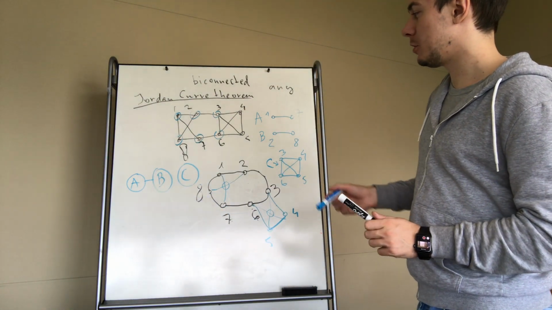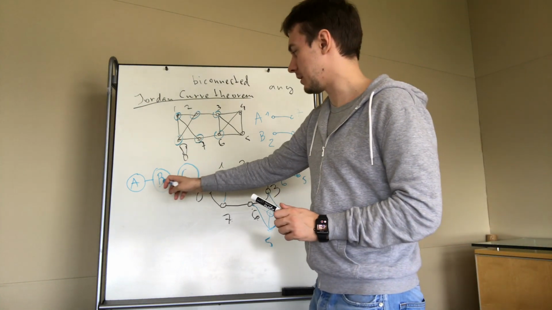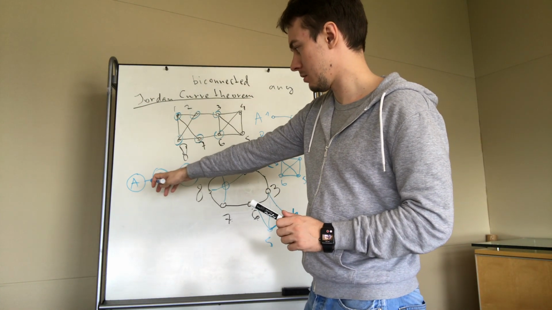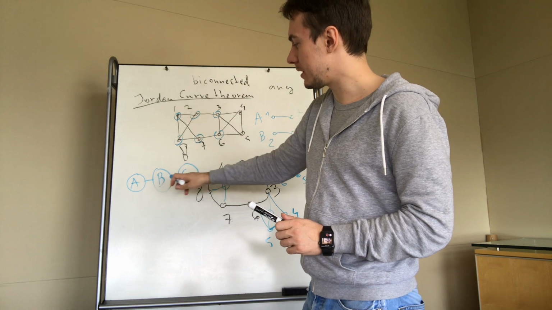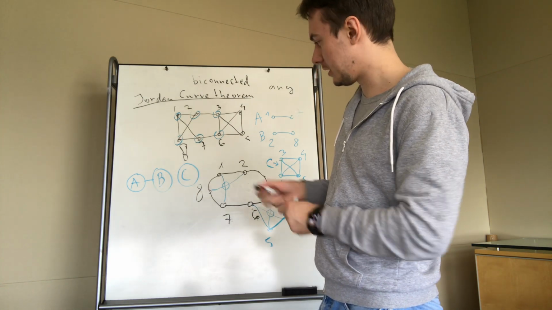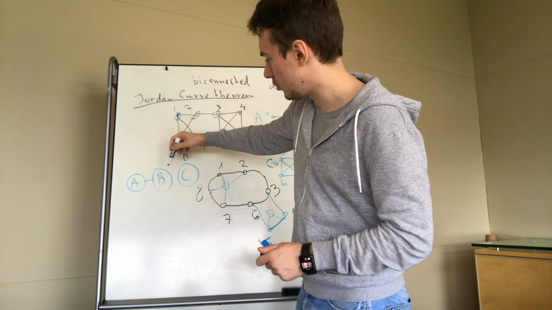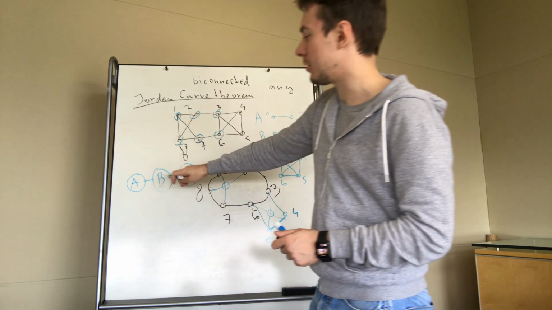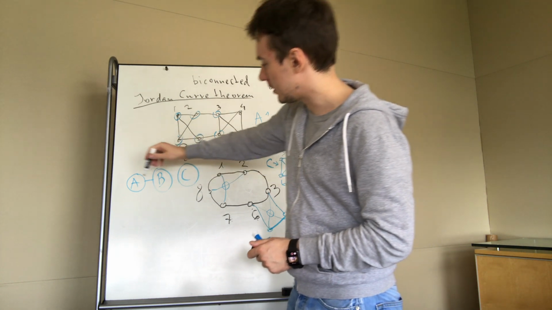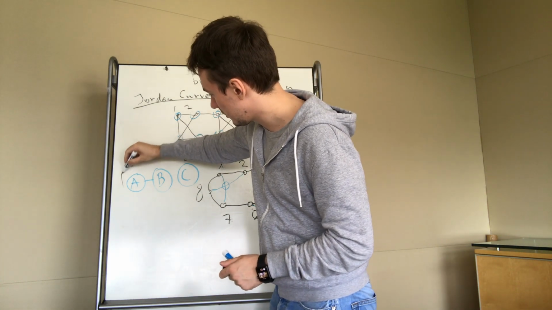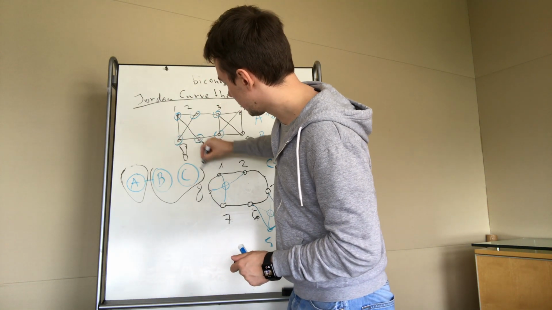And now we just need to detect if this graph is bipartite. It's obvious that it is, because we can split the set of its vertices into two subsets. Let's say this and this.